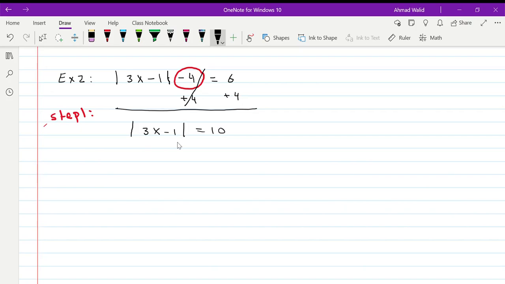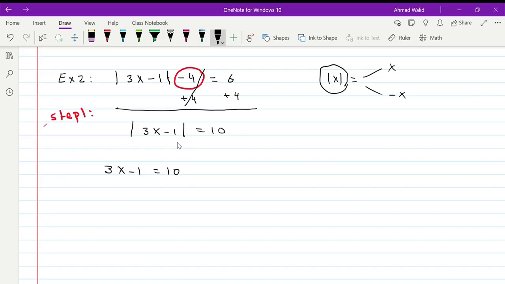Why are we doing this? Because we only know that the absolute value of x gives me x and negative x. If only and only my variable is inside the absolute value. That's the reason, correct? Now, from here on, remove the absolute value sign. 3x minus 1 equals 10.